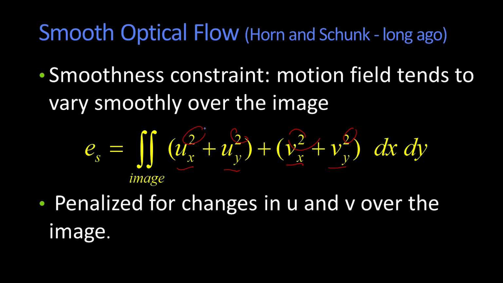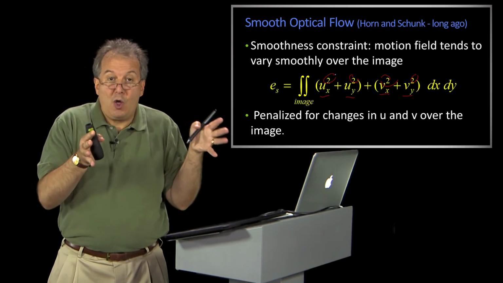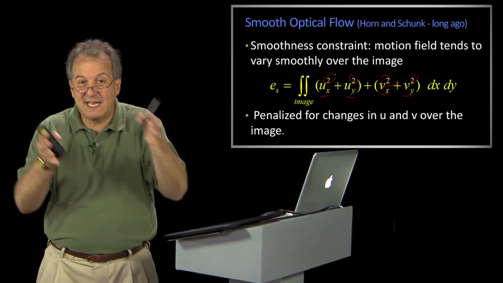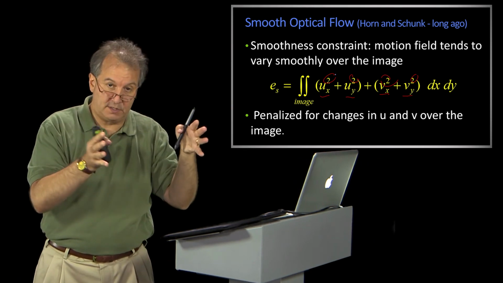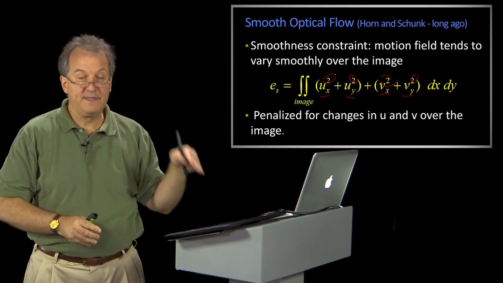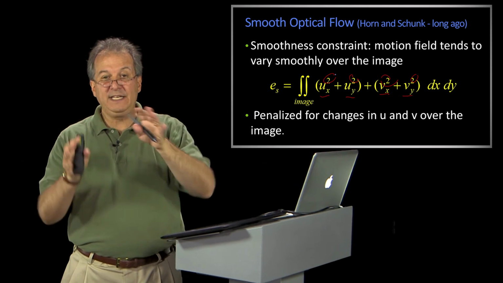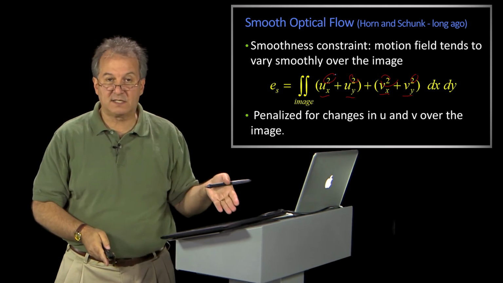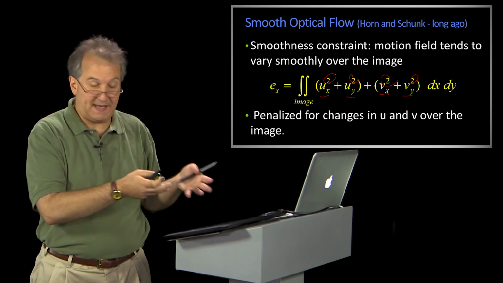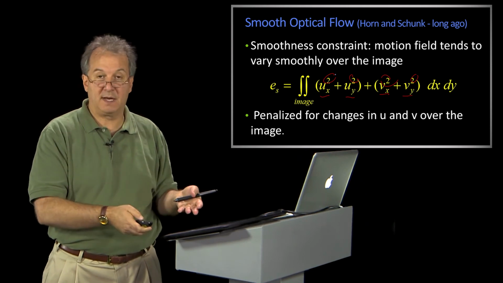What would it mean for this to be 0? It would mean all the u's were constant, so the derivatives would be 0, and all the v's would be constant. So if all my pixels were moving with the same u, v, the whole image moving in the same direction, this value would be 0. Any other u's and v's will cause this term to have some value, and we want to minimize it.